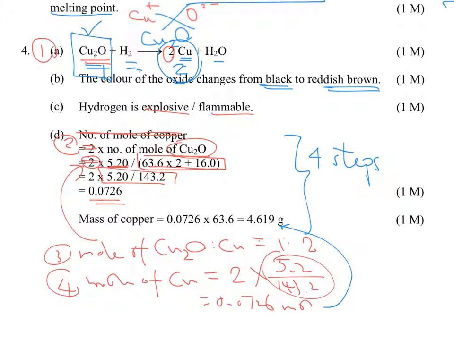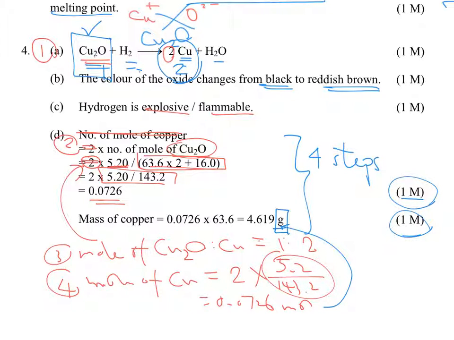So you find that for this type of question, only 2 marks are given: 1 mark for your method and 1 mark for your answer. And I find some of you did not write down the unit for the answer. So, you know, I'm not a good teacher; I will deduct the whole mark if you don't have units.